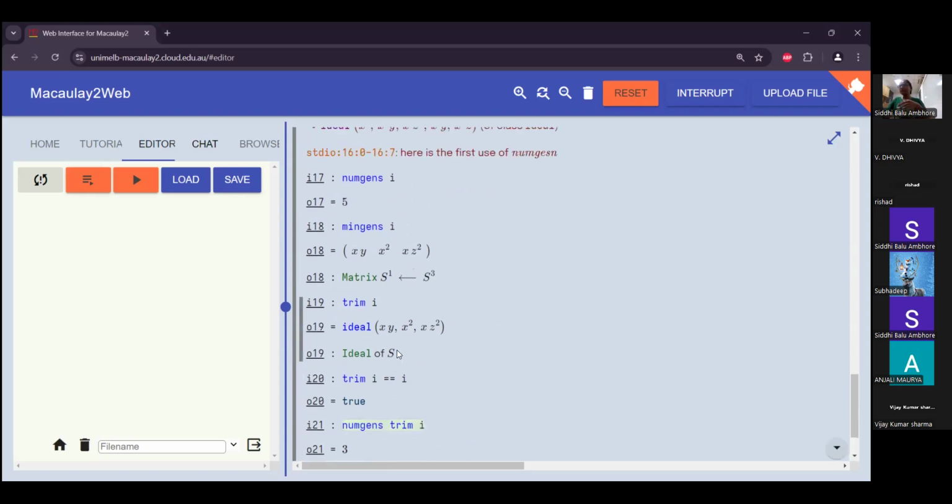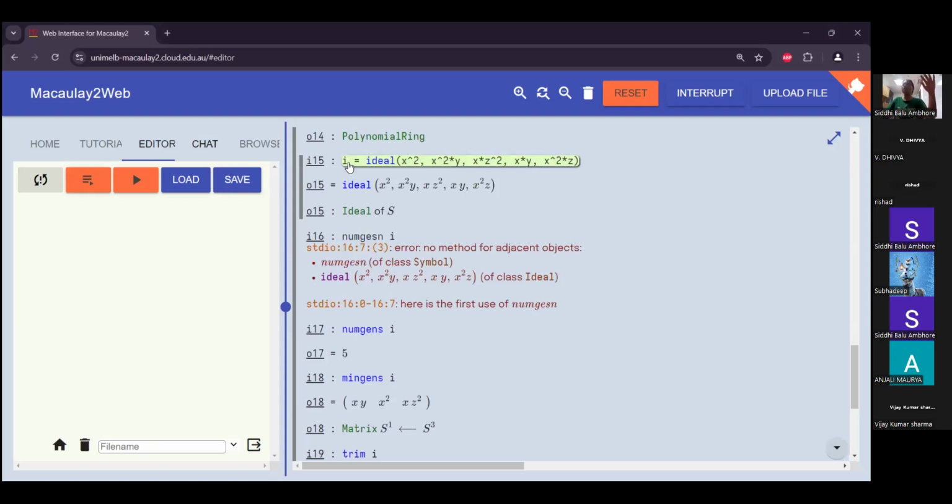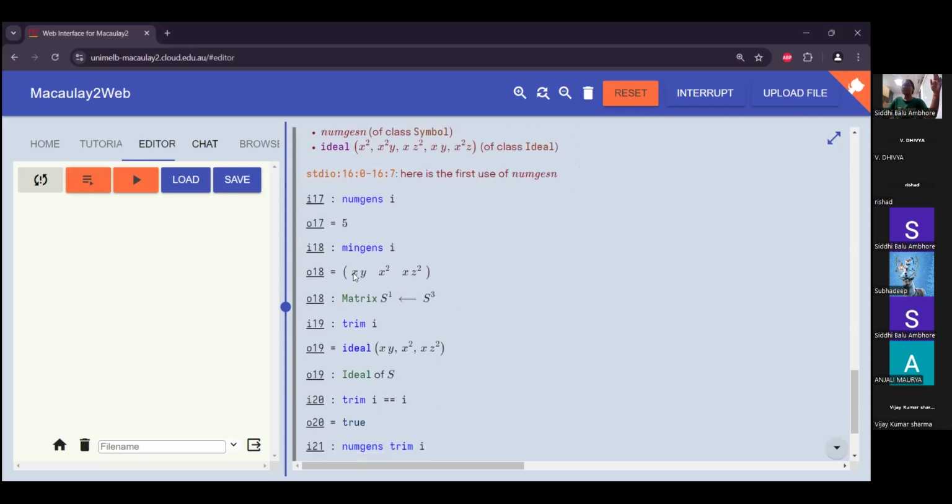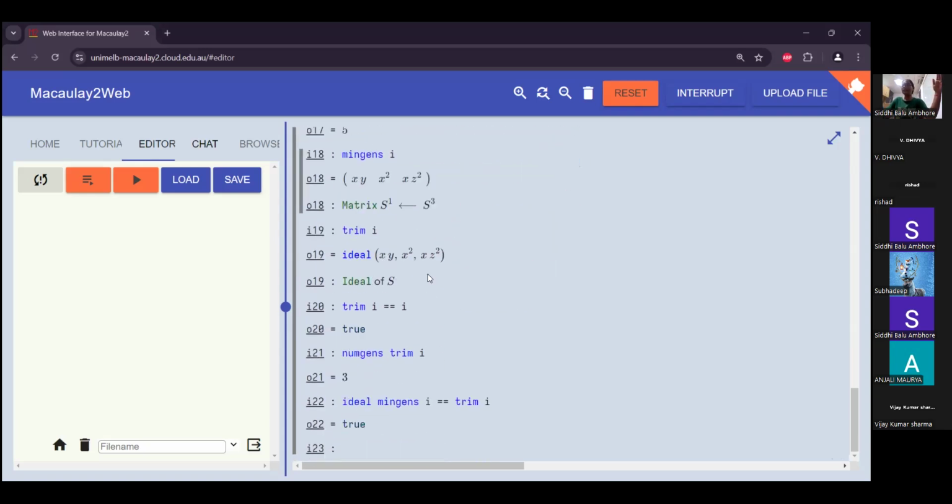So if you have any ideal and want to calculate its minimal generating set, mingens gives us the generating set, numgens gives us the number of generators we used when we defined that ideal I, and trim I considers I as the ideal generated by the minimal generators.